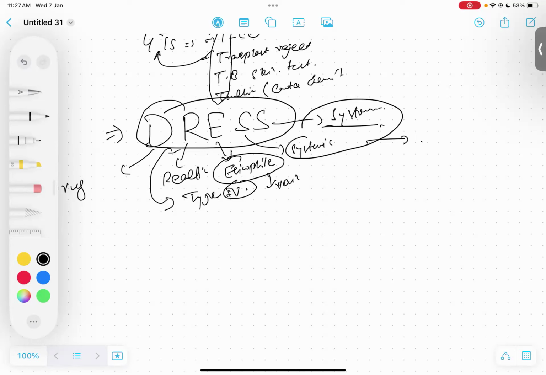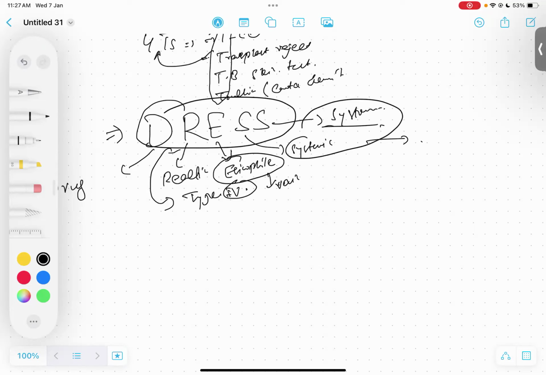So tomorrow we will cover these four topics, and then we're going to end our immunology, and the day after tomorrow we have to cover our MCQs. It will also take 2 or 3 days, Inshallah.